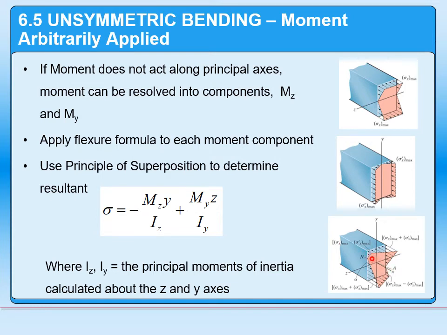Keep in mind, the neutral axis is the axis where we have zero stress, so it's where these two, when added together, form an axis of no stress. So it's a relatively simple multi-step process for determining what the bending stress would be from an arbitrarily applied moment.